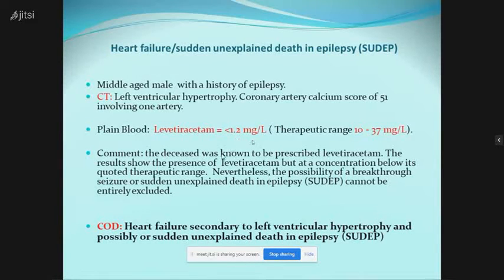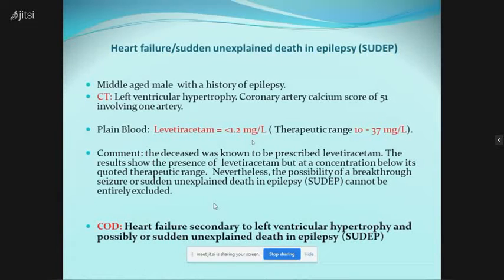shock as well. And what we found at postmortem was left ventricular hypertrophy, and the low level of the medication may or possibly lead to seizures and sudden unexplained death in epilepsy.